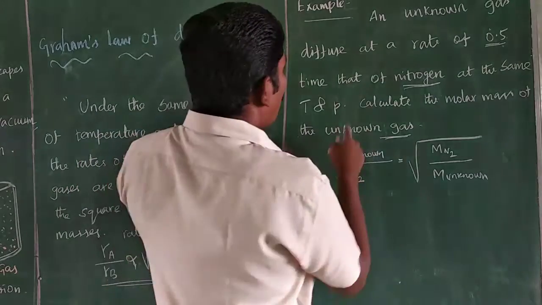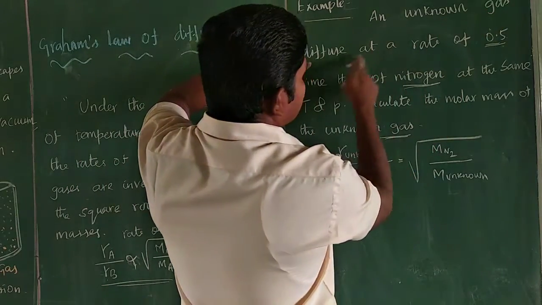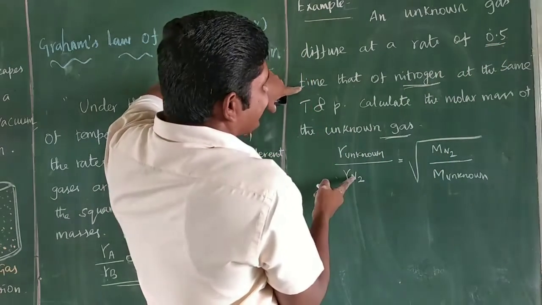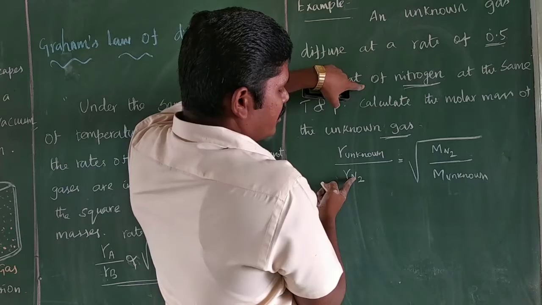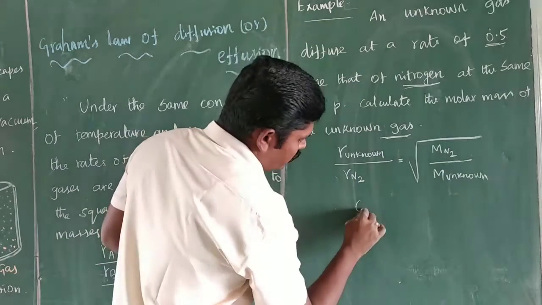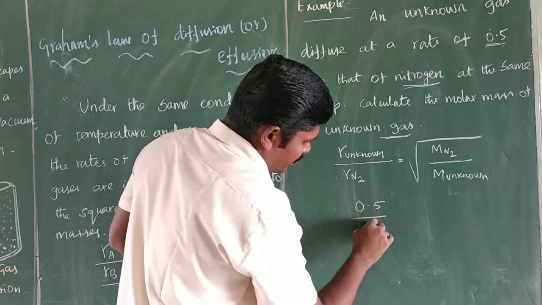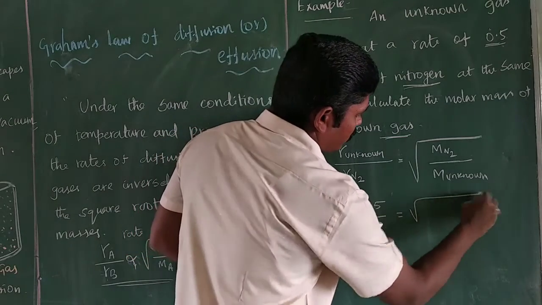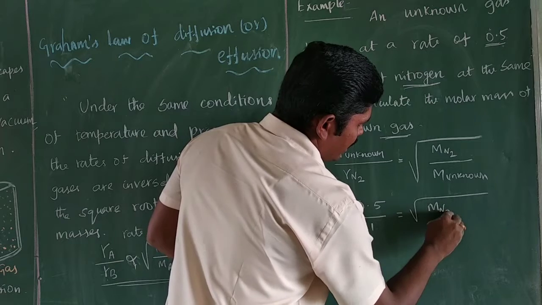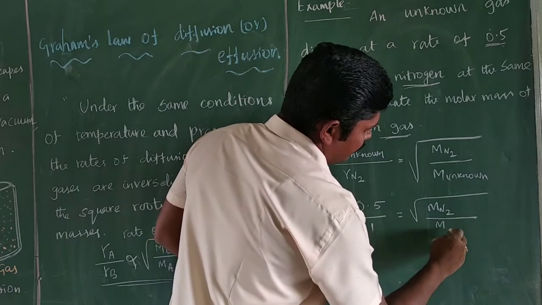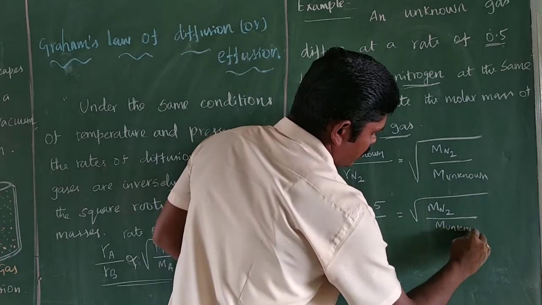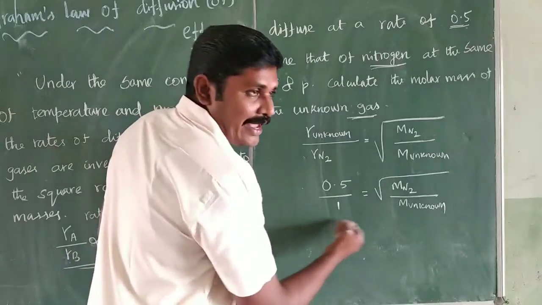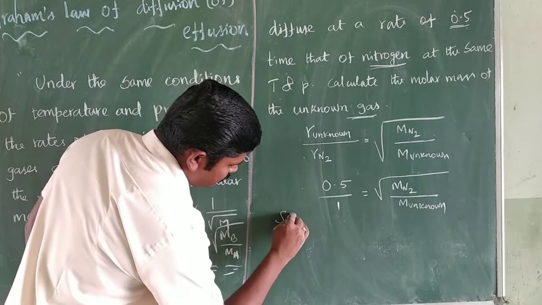The unknown gas diffuses at 0.5 times that of nitrogen, so 0.5 is equal to the square root of M N2 by M unknown.